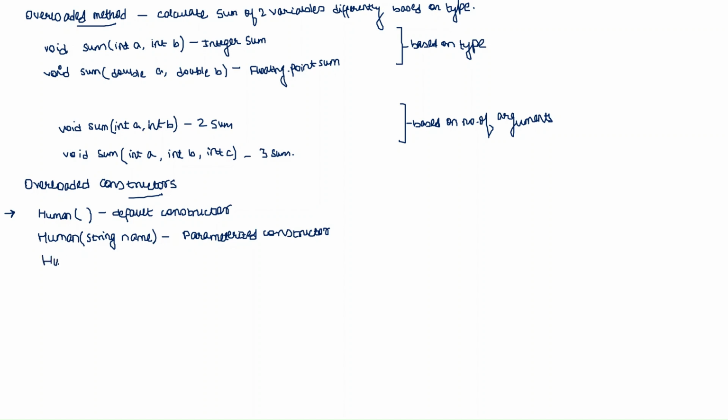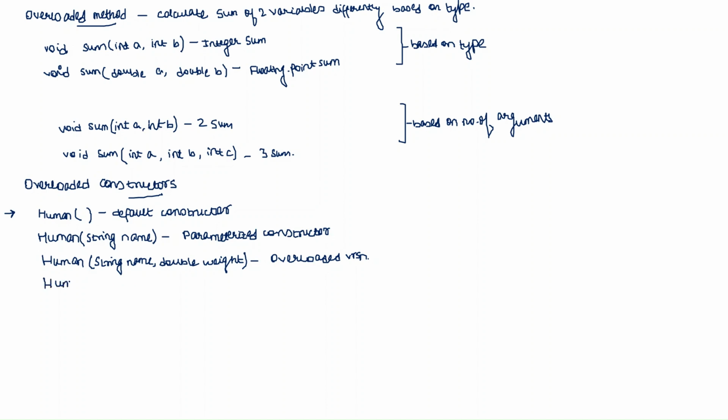But let's say I also know about their weight. So I'll have a parameter String name and also a parameter double weight. So this is again a parameterized constructor, but this is an overloaded version. You see that it is varying in the number of arguments that we have here.